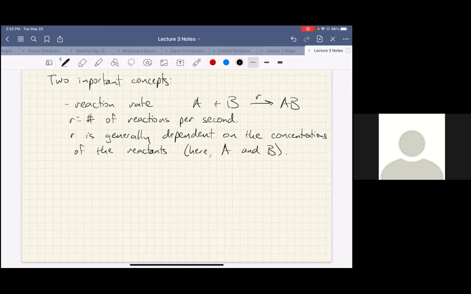Okay, just a quick note about notation. If you see square brackets around a chemical species, that is the concentration of A, and we will generally talk about concentration in terms of molar concentration.